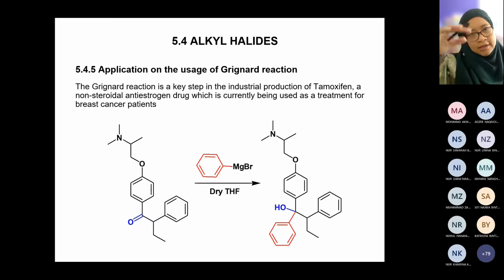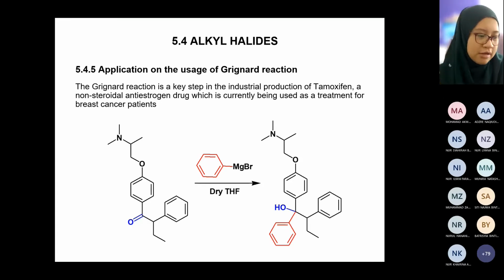So, this application of Grignard reagent, bukannya kita just belajar untuk buat reaction. Okay, nak introduce to you guys the alkyl halide and whatnot. So of course it has its own application, especially in the medical line. Okay, so it has been used to prepare drug, to treat the breast cancer patient.